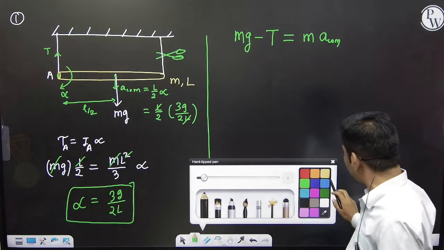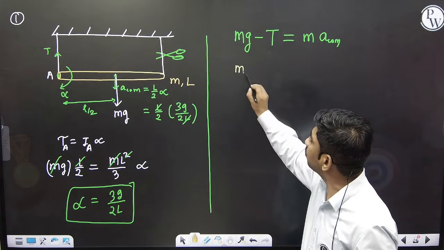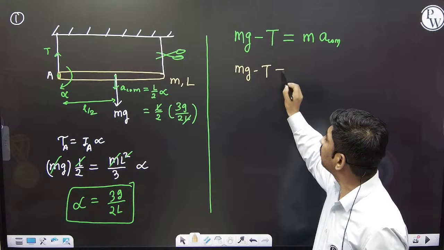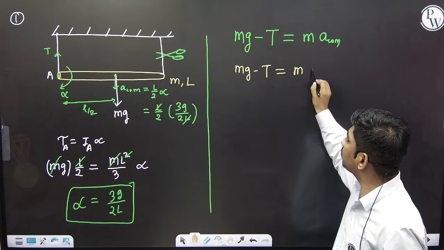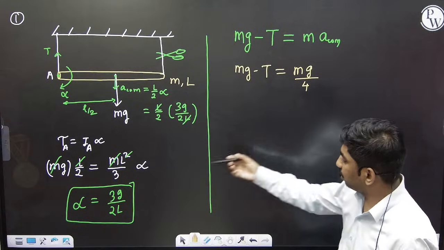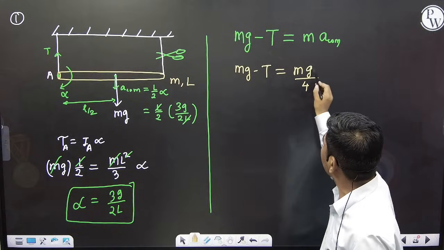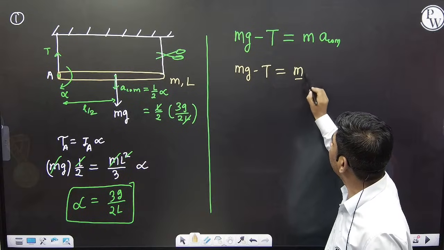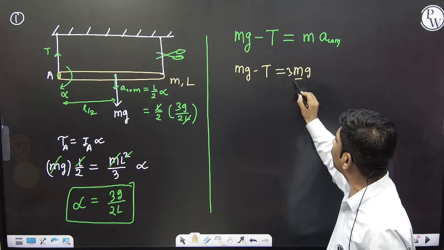So let us put the values and get it. I can write mg minus T is equal to m into 3g by 4.